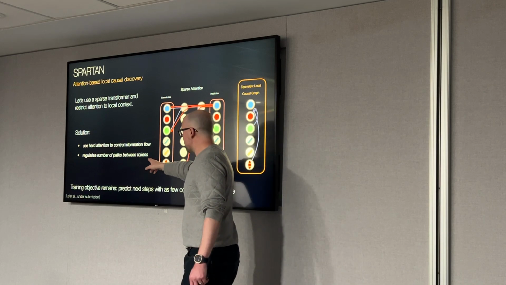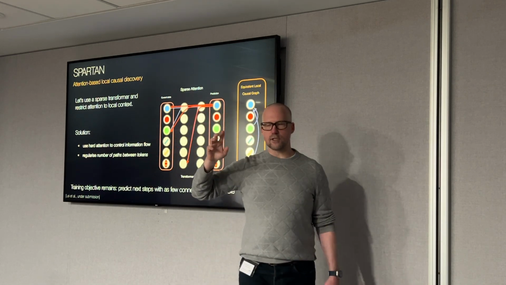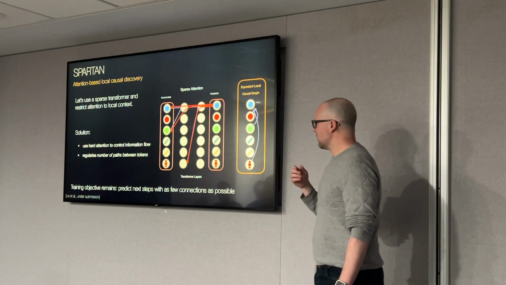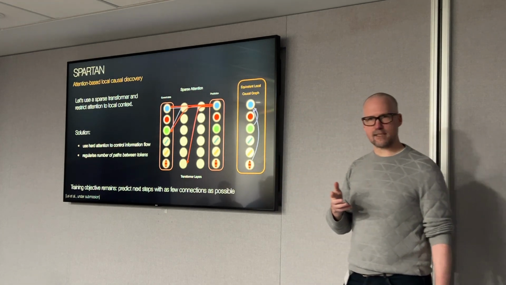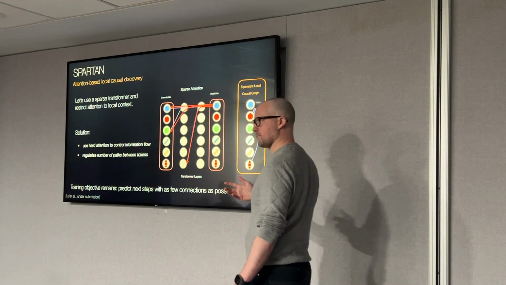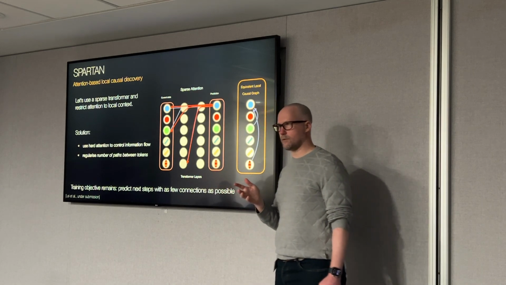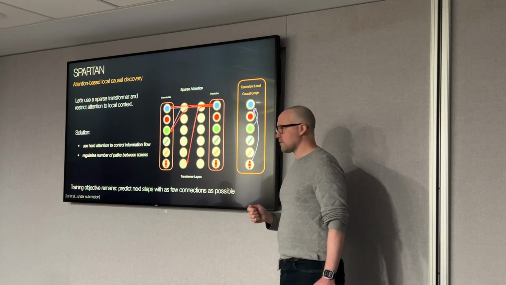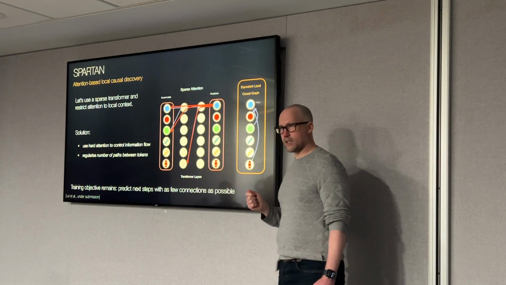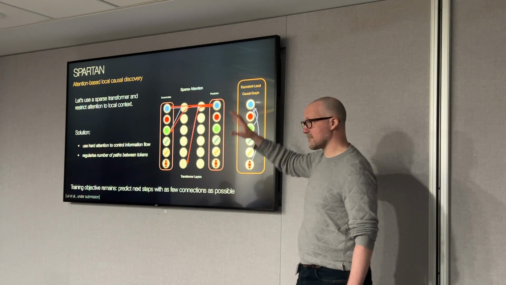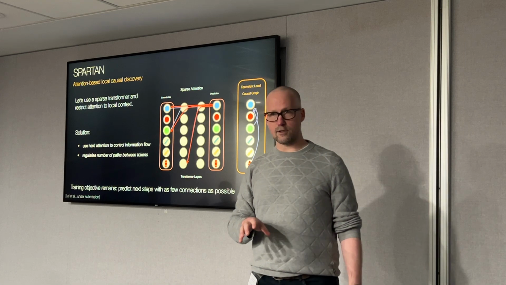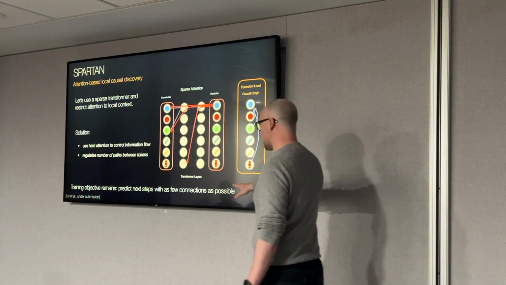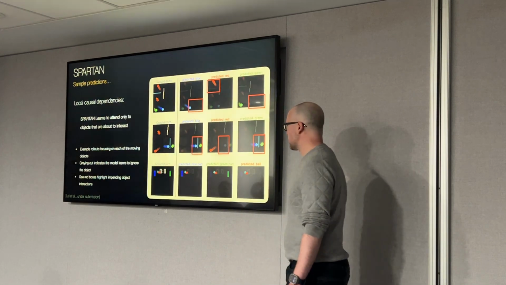But this is even better because there's a way in which, instead of just looking at the connectivity of the first layer, we can actually track the number of paths that exist between tokens in your input throughout the entire transformer stack. And because we can compute that, we can use it as a regularizer, which means we can train a transformer that is actually sparse and doesn't suffer from this information leakage. But otherwise, the training objective remains the same. So predict the next step with as few connections as possible.